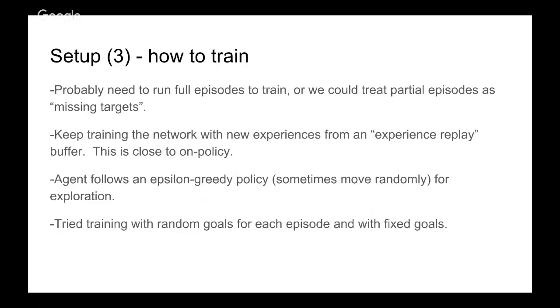So if your fixed goal vector at train time is the same as the fixed goal vector at test time, that's usually ideal. But if you're going to change the goal vector from train time to test time, it's usually better to randomize it during training, which is basically what you'd expect. But it's nice to have that confirmed.